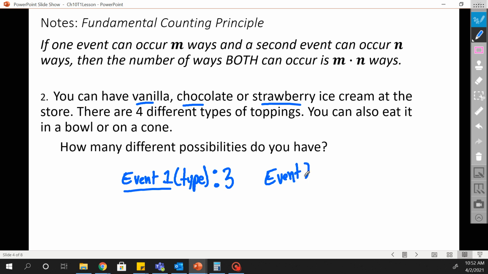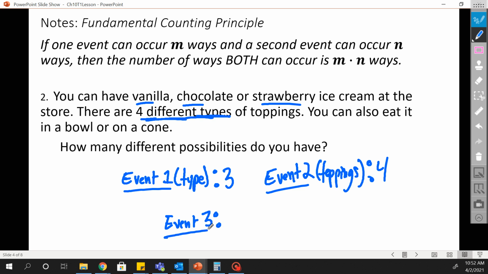Event 2 would be, where do we have our other options? Well, here are our other options. There are 4 different types of toppings. So I have 4 options for my toppings, which is event 2. And then for event 3, I have another choice that I can have.